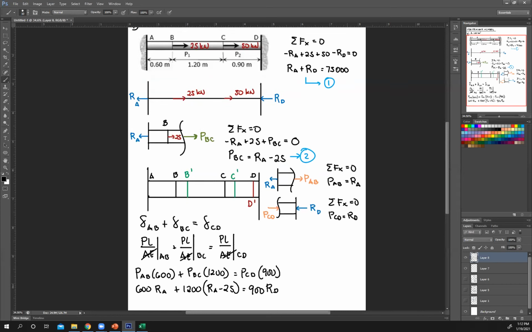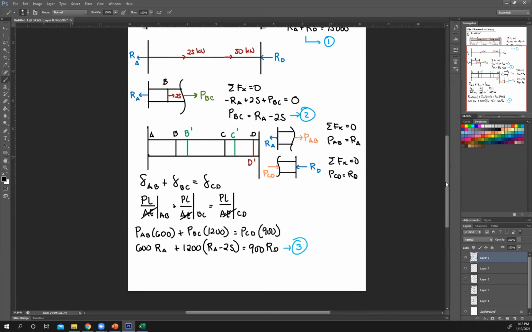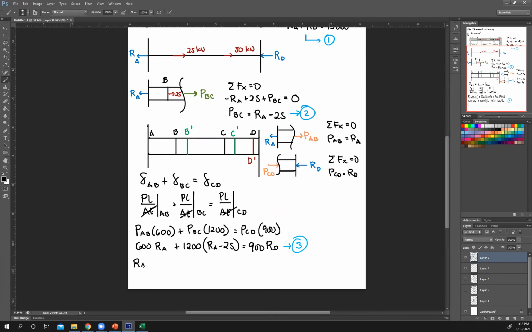Okay, two equations, two unknowns, RA and RD. I can solve for RA and RD, but I only need RA to solve for PBC. So what's RA? For those who haven't recited yet, answer. Solve for RA.